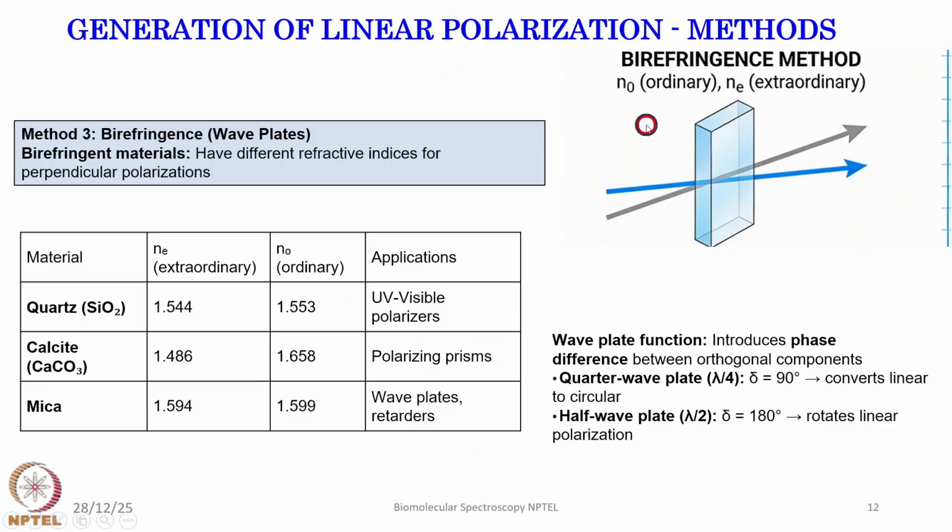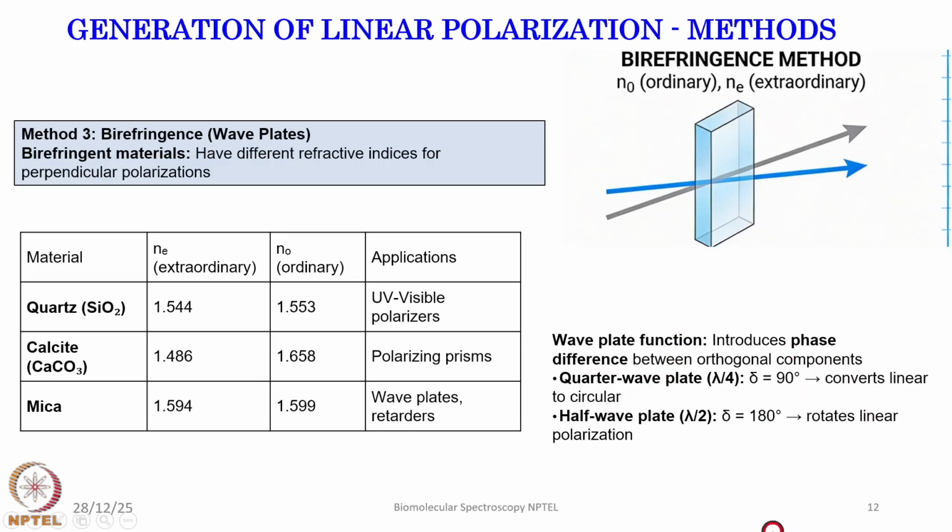So, basically the wave plate's function is to introduce a phase angle. You will see this phase angle that is getting introduced, and we can have different kinds of phase angle. We can have lambda by 4, that is 90 degrees, which converts linear to circular, and if we have a 180 degree phase, it rotates the linearly polarized light.